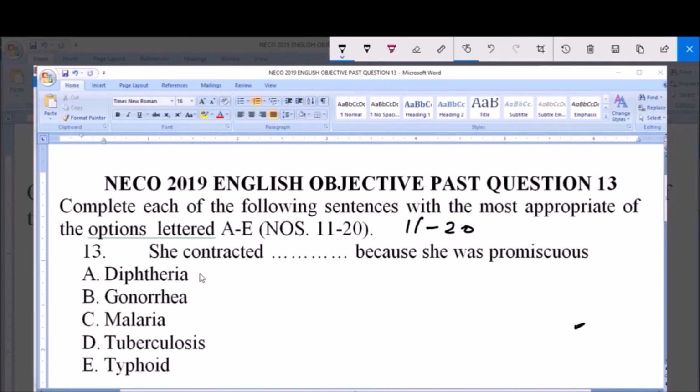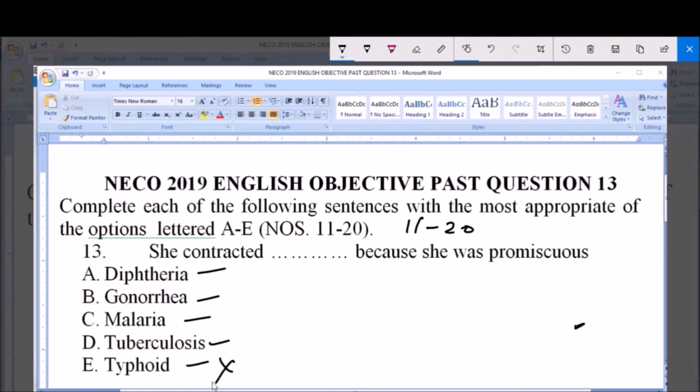Option A, diarrhea. Option B, gonorrhea. Option C, malaria. Option D, tuberculosis. Option E, typhoid.